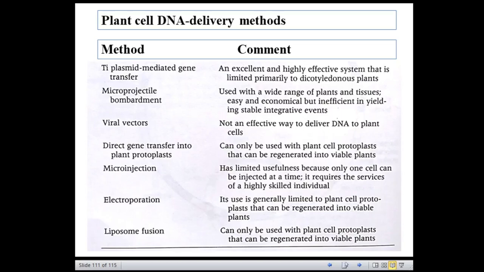Once the foreign DNA has been integrated into the plant genomic DNA, it is essential to be able to detect the foreign or exogenous DNA so that those cells that have been transformed can be easily identified.